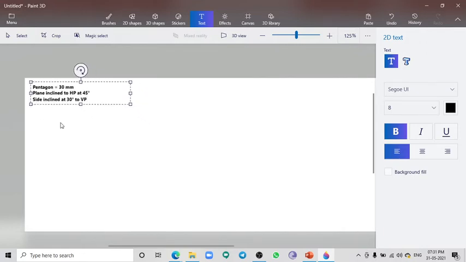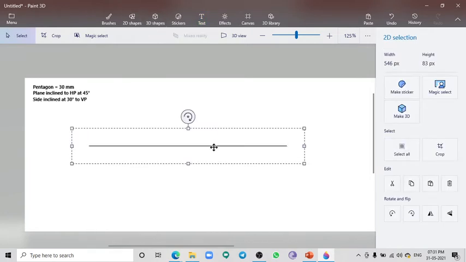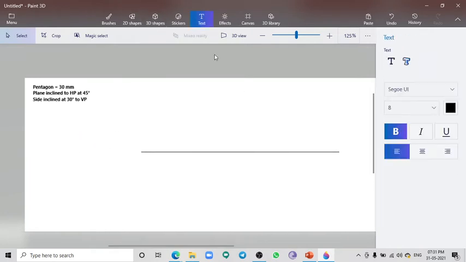Okay, so we have to draw the reference line X, Y, VP, HP.